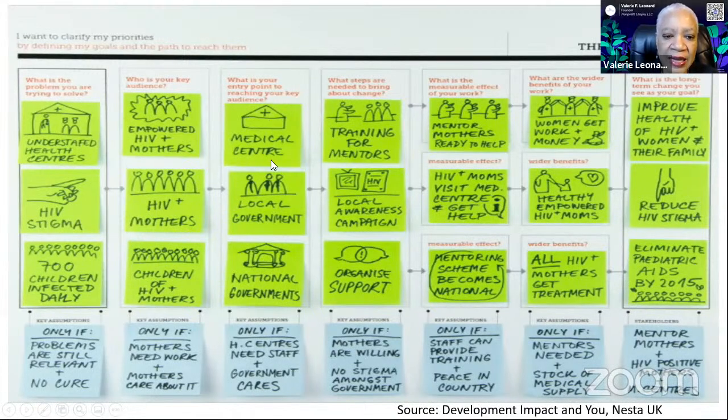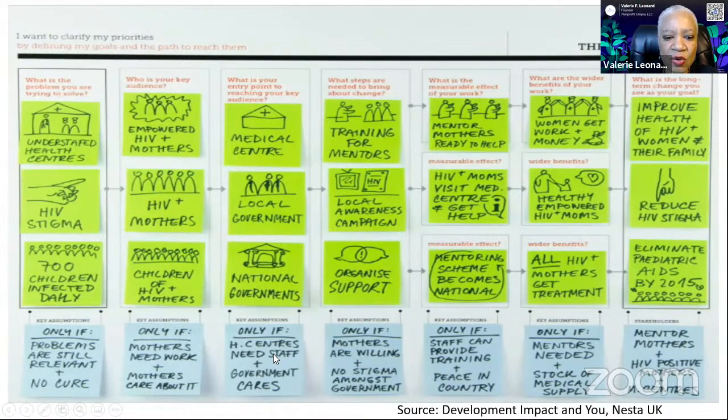This third column, what is your entry point to reaching your key audience? So, you can look at this as distribution channels. So here, the medical centers, local government, elected officials, national government, and here the assumption is the health centers need staff and the government cares.